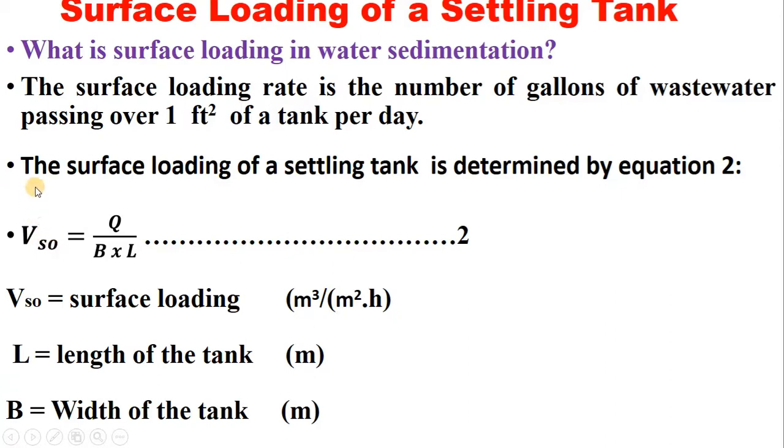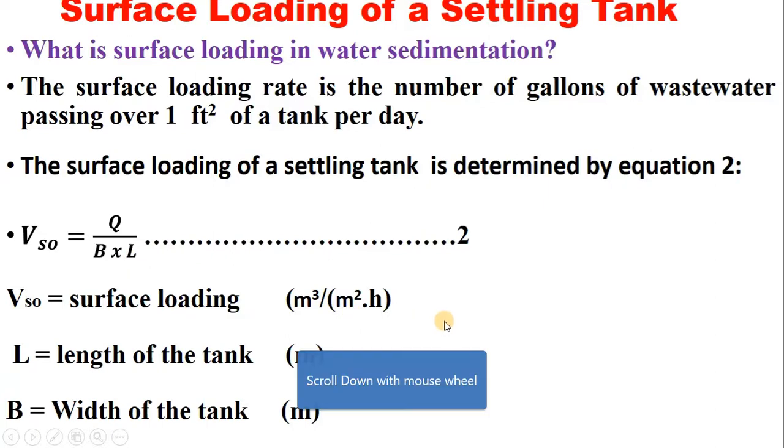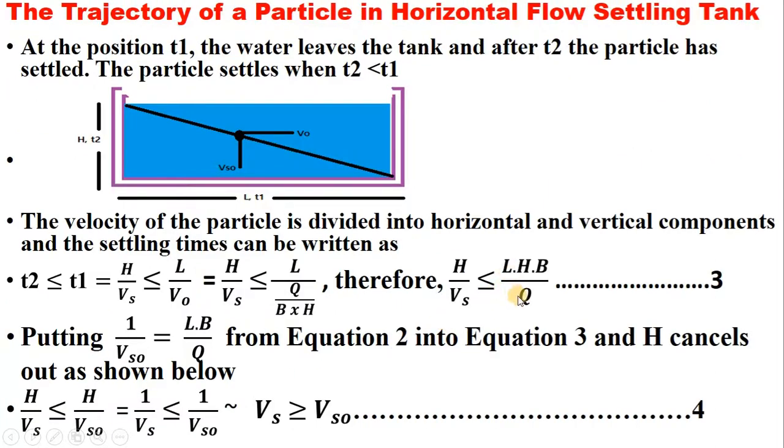So if you take the inverse of the surface loading velocity, which is 1 all over Vs0, it's equal to BL all over Q. So that is what we are going to substitute here. Because we have BL all over Q, we are going to invert it this way. So 1 all over Vs0 is equal to LB all over Q from equation 2.